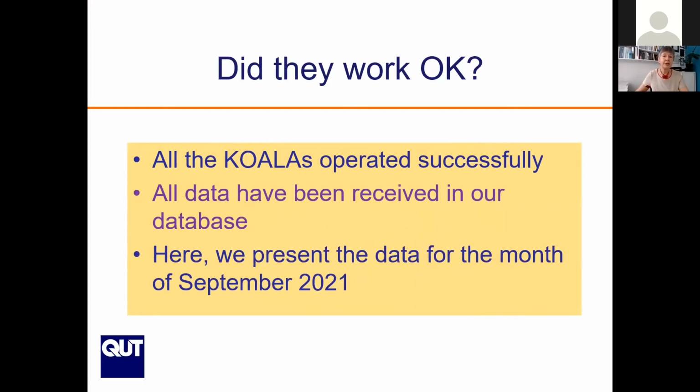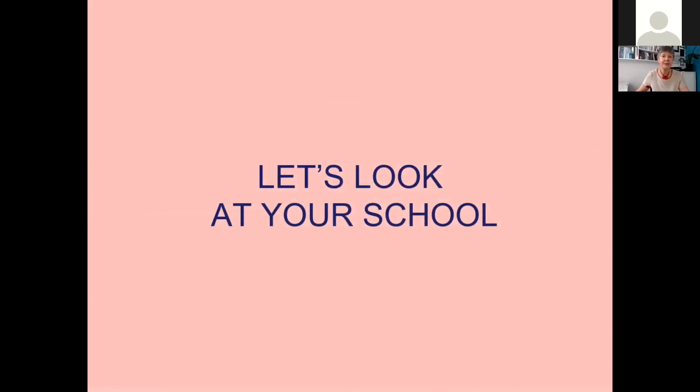All the data have been received in our database, and here we'll present data just for the month of September 2021, and based on this, we'll point out some aspects of the data and what it means in terms of the sources and the concentration levels. So let's look at your school.